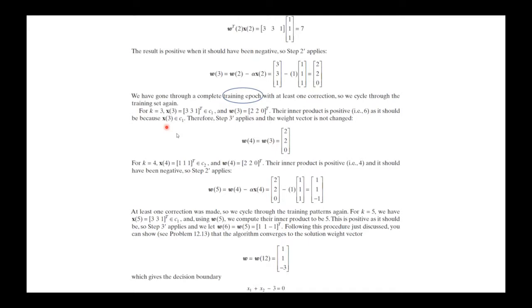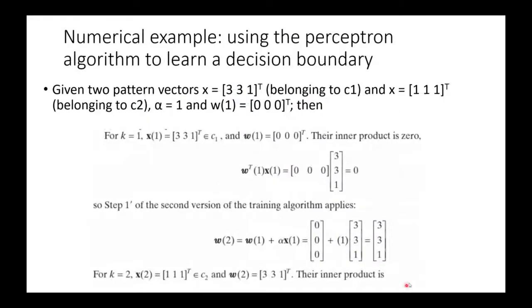That's the right prediction. It's predicting that the example is in the class C1. So I don't need to update my weight vector. The weight vector will be the same as it was calculated previously. It was calculated here. That is 2, 2, 0.